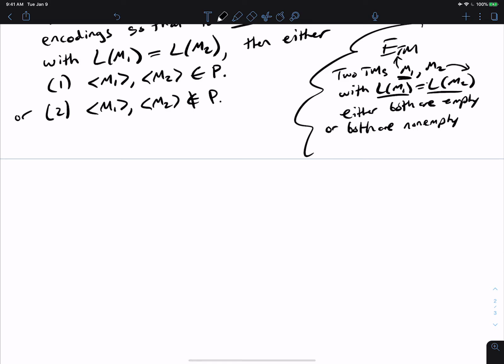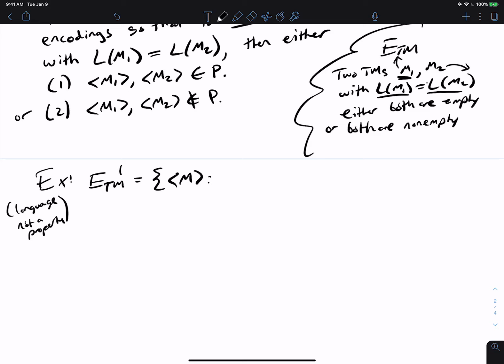So an example of a language, not a property. I'm going to call it ETM prime, and that's similar to ETM.